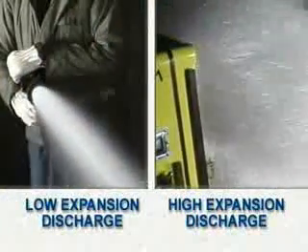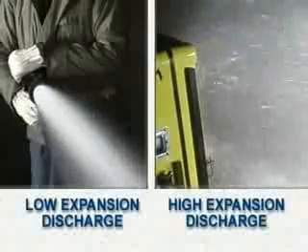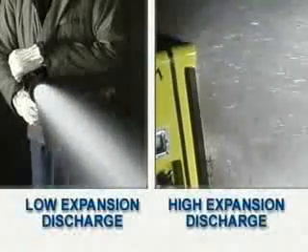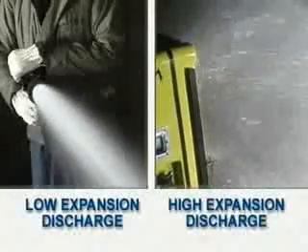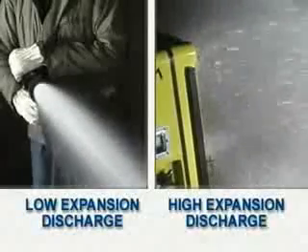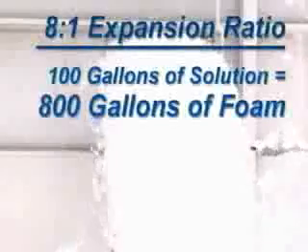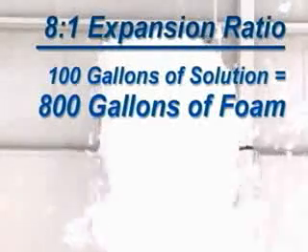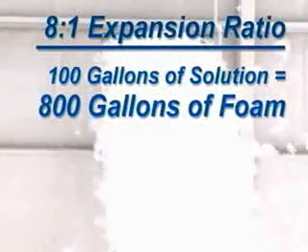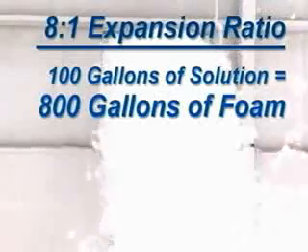Essentially, the difference between high and low expansion foam is defined by expansion ratio, which simply indicates the amount of foam solution needed to generate a volume of finished foam. For example, an 8-to-1 expansion ratio means that 100 gallons of foam water solution can produce up to 800 gallons of finished foam.